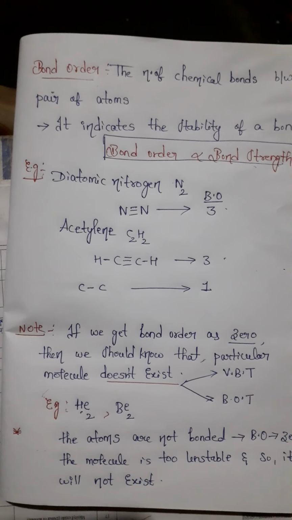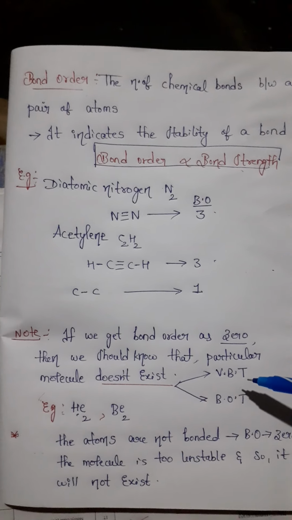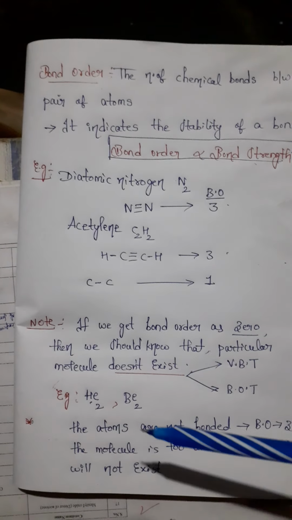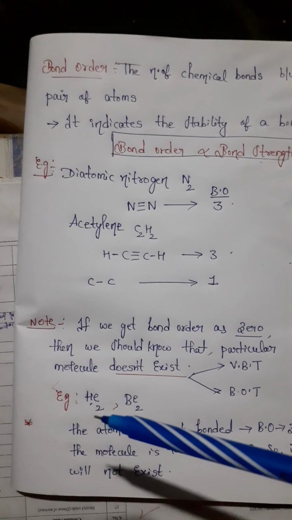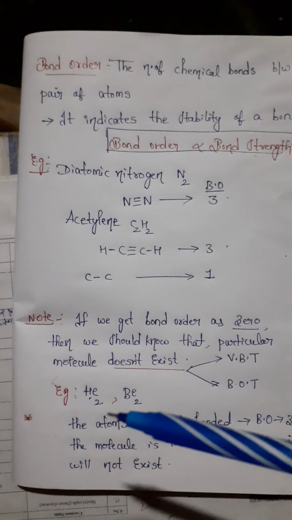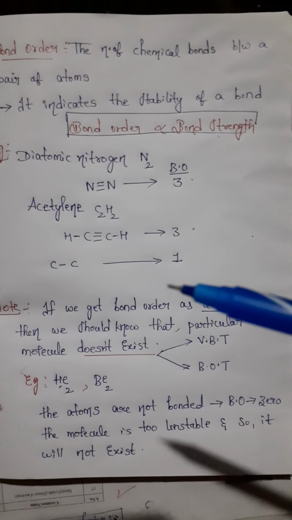Actually this statement is based on valence bond theory and bond order theory. Examples of molecules having bond order 0 are diatomic helium and diatomic beryllium. We know that He2 and Be2 don't exist.